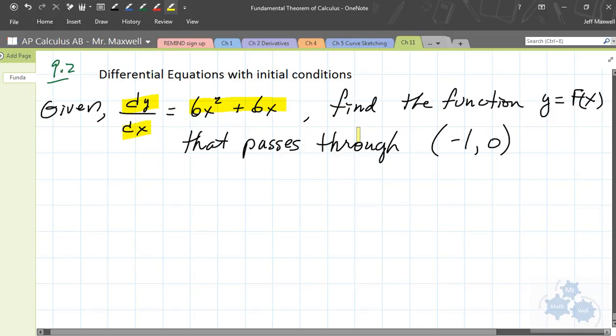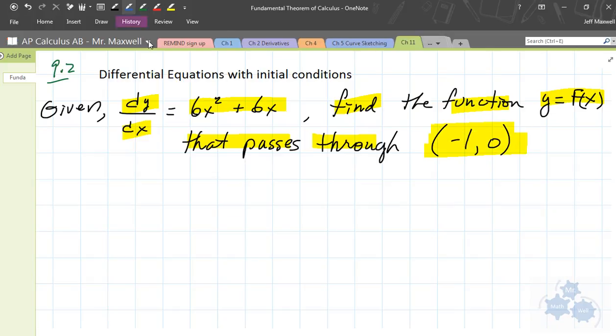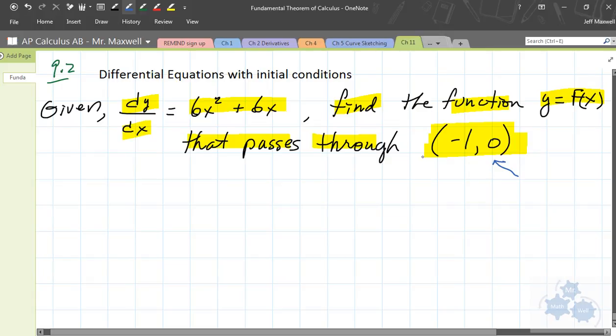And what we're asked for is to find the function, so that is y equals capital F of x, the antiderivative, or the integral, that passes through -1, 0. And this is the important part. We've never been given this before. This is what you call your initial condition.